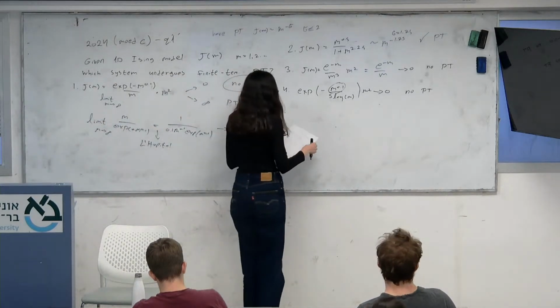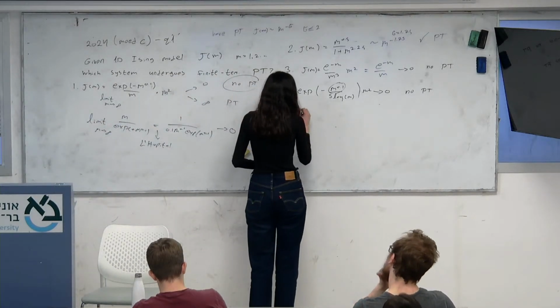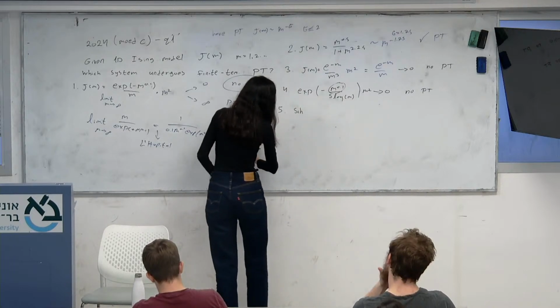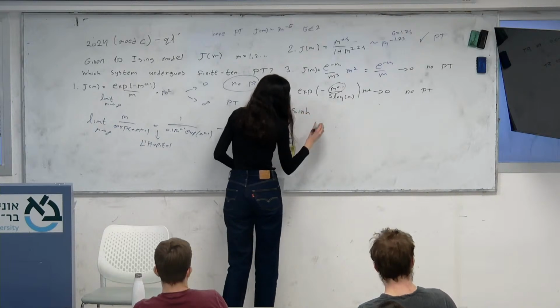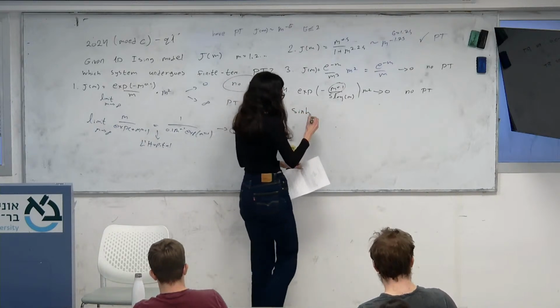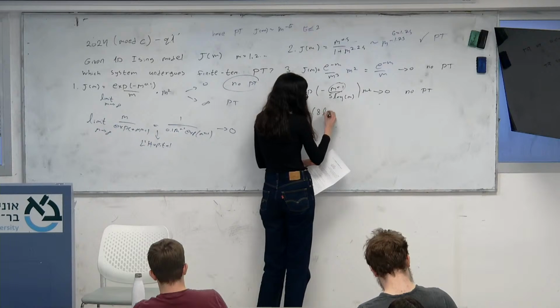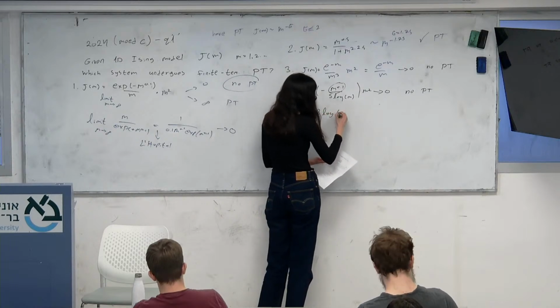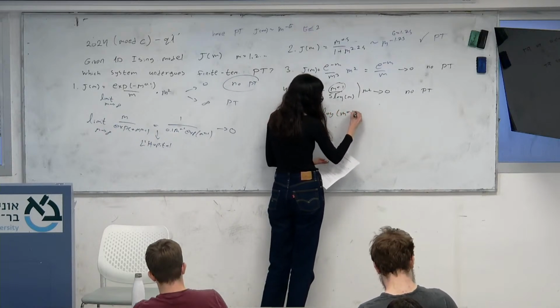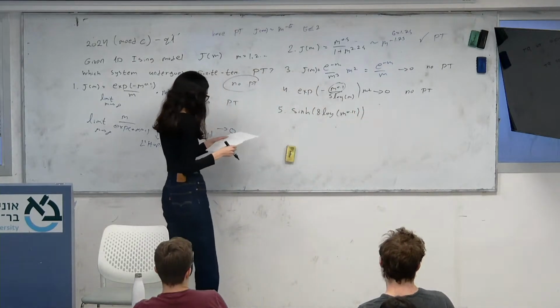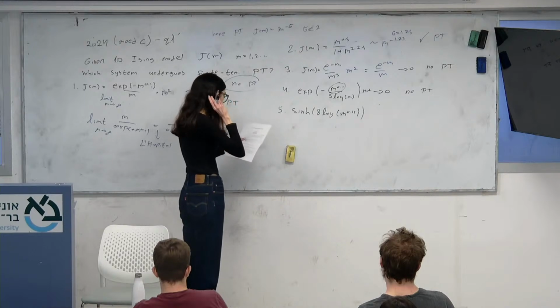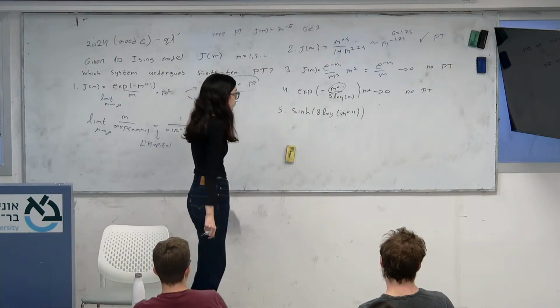So number 5 is the hyperbolic sine function. So we have sinh of 8 log of m to the 0.11.